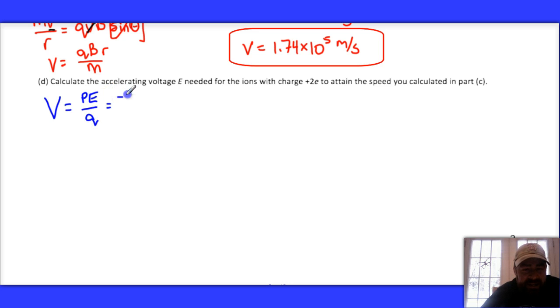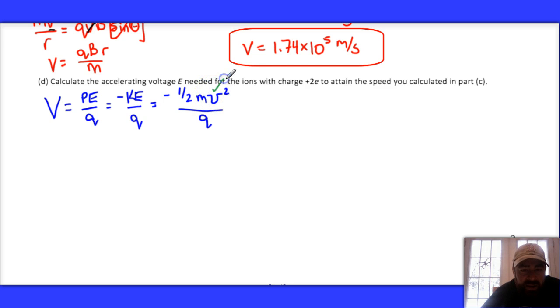And I can say that that's equal to the negative kinetic energy per unit charge. Of course I can expand this a whole bunch of times, but I'm going to stop here because I have what I need. That becomes negative 1/2 m v squared, where v is now velocity, that cursive v, over the charge. And I've got the relationship that I'm looking for.